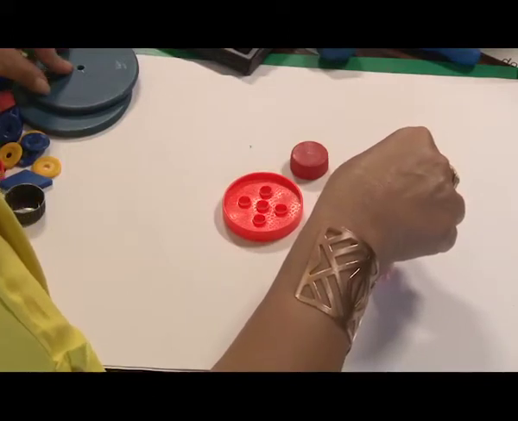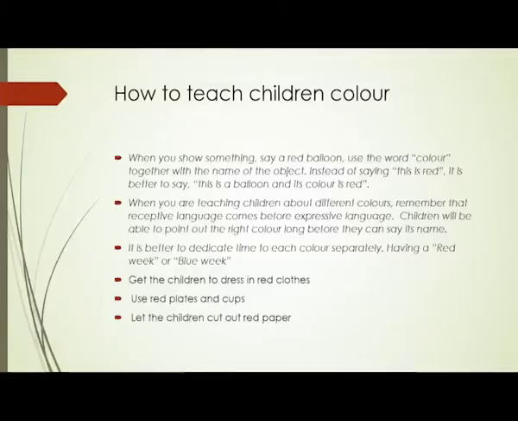When you are teaching children about different colors, remember that receptive language comes before expressive language. Children will be able to point out the right color long before they can say its name. It is better to dedicate time to each color separately, having a red week or a blue week, like I explained earlier.